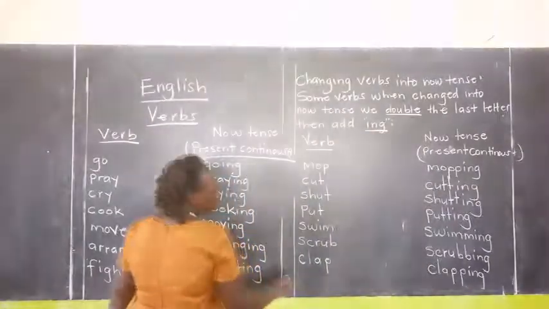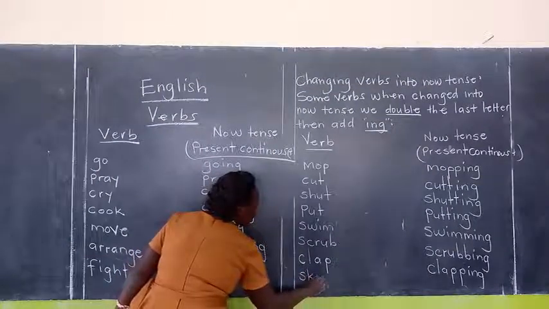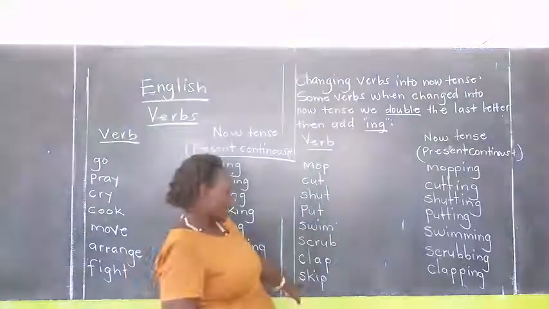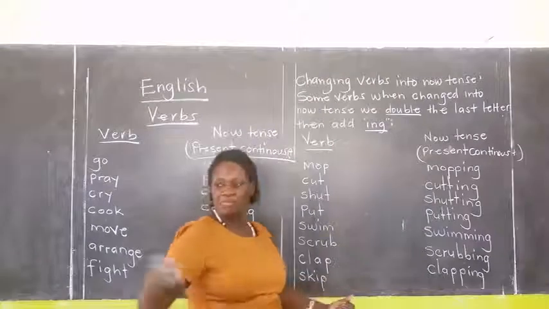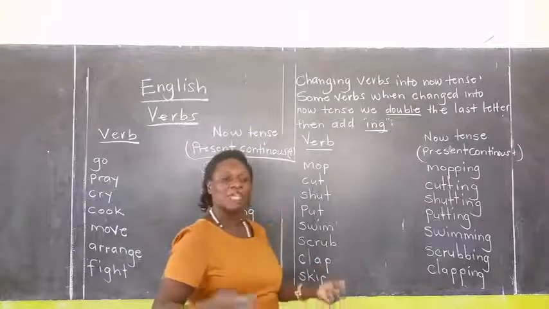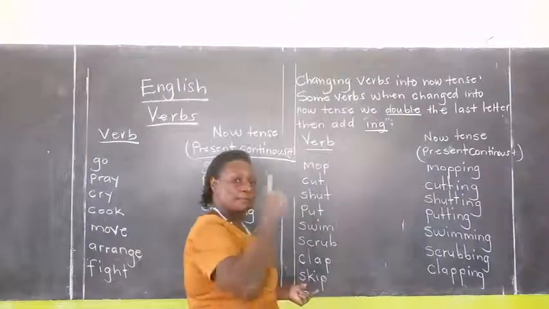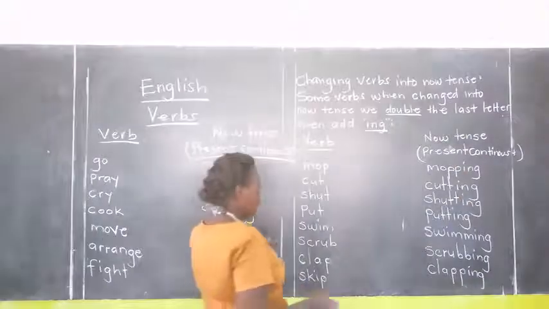We also have skip. To skip, you get a rope. Maybe somebody can be on one side, another on the other side. You get a rope, somebody stays in the middle, she begins skipping. So we have skip.